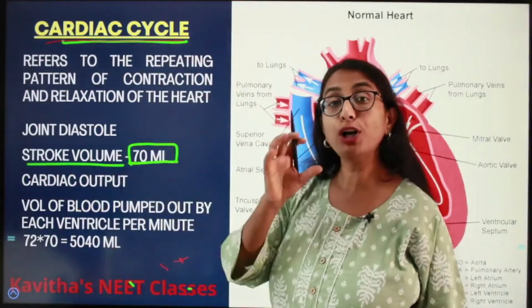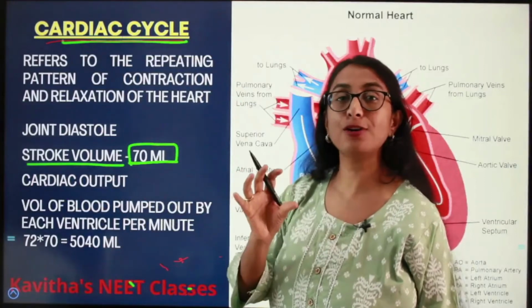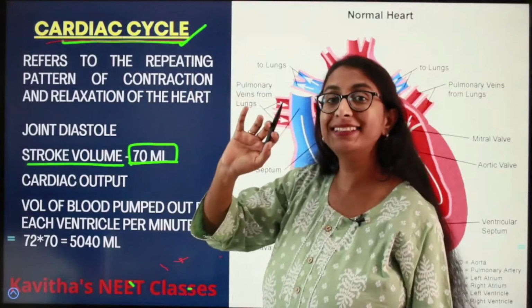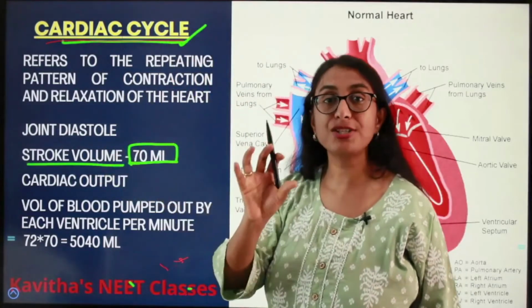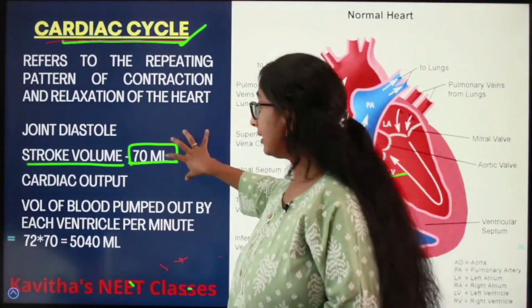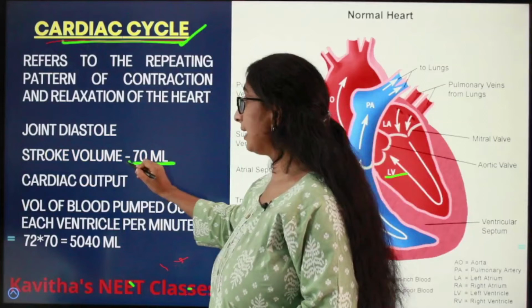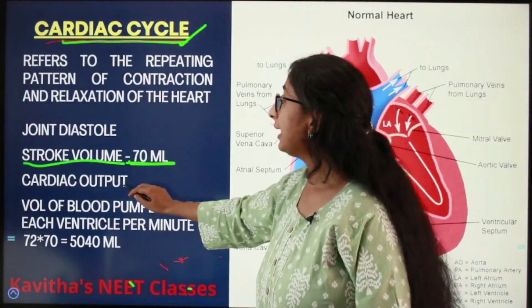That is the volume of blood the ventricles pump out during a single contraction. Okay, so during a single contraction, the ventricles are pumping out 70 ml of blood, and that is called the stroke volume. Now, what is cardiac output?